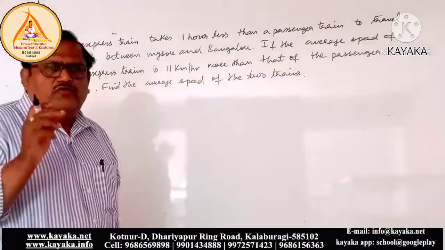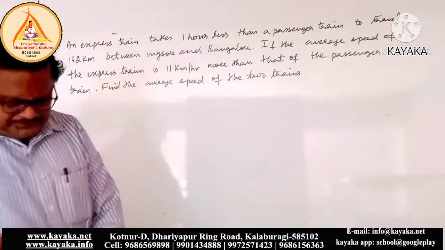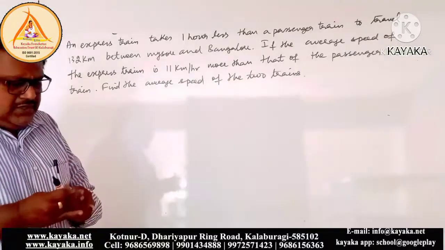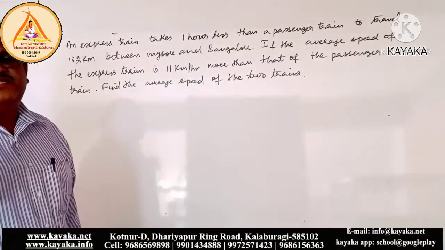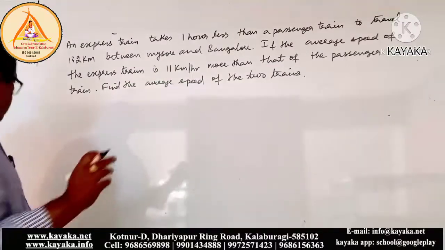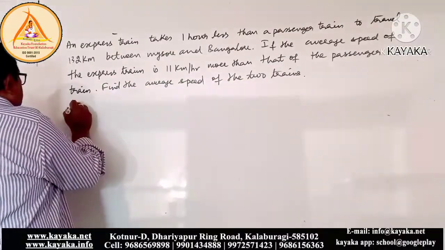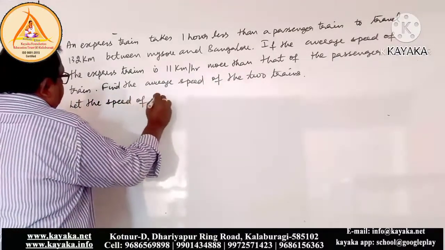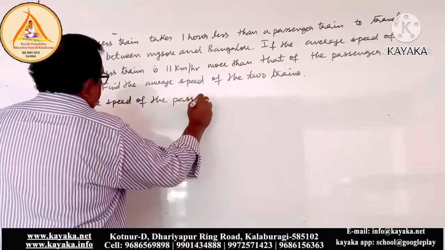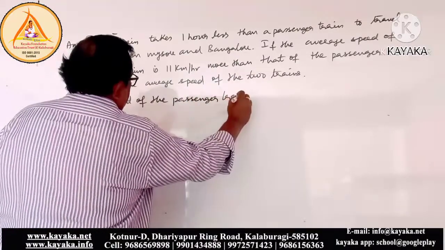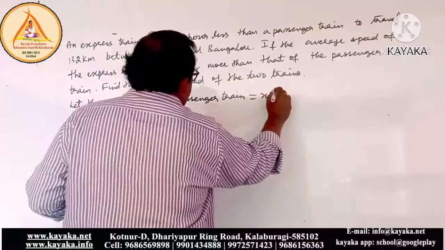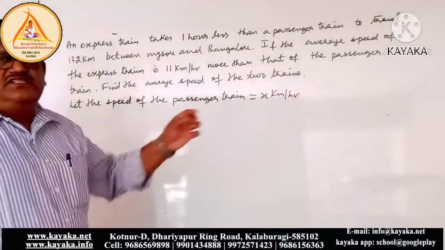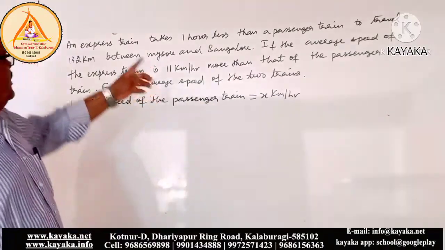Okay, dear children, now what you have to do is, first you have to get the speed of the passenger train. We assume that the speed of the passenger train is x km per hour. That's the first step. Let the speed of the passenger train be x km per hour. Now what have they given?